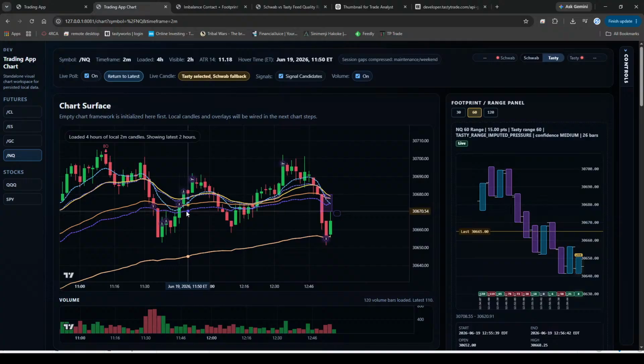So we did get a pullback, and we'll go through on the reports what these pullbacks are, but usually the pullback is about half an ATR on the 30-minute. For a majority of the time, we can expect to get a half an ATR pullback.